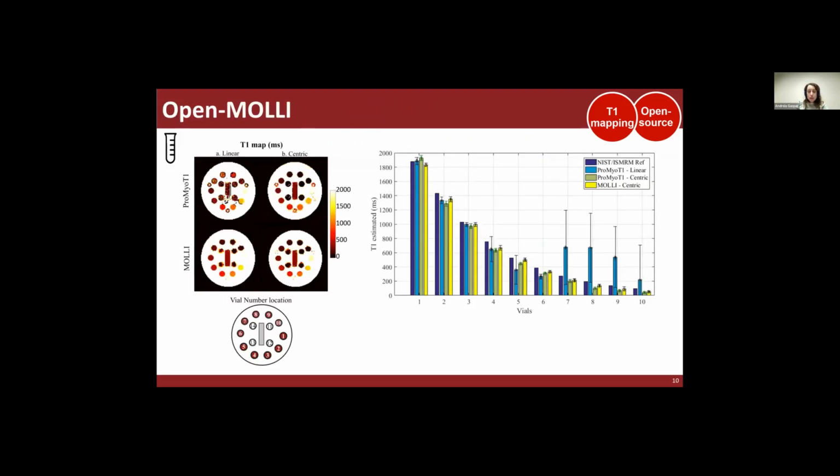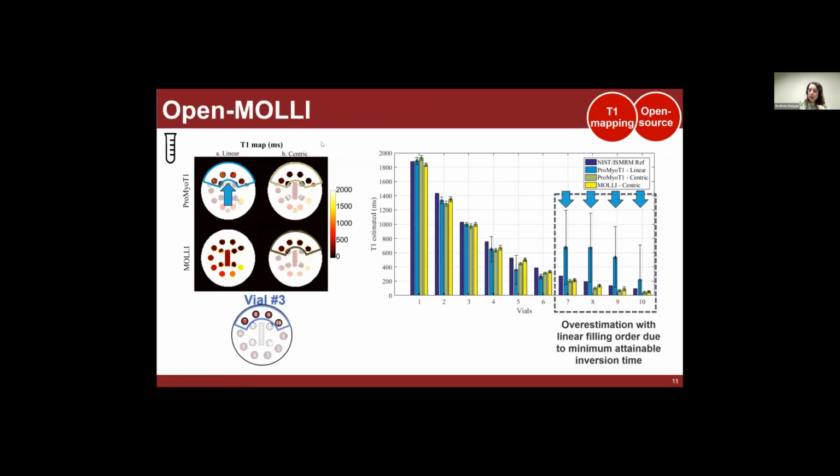Starting with the phantom, what we tested was OpenMOLLI and MOLLI with a linear and centric k-space filling. What we can see here is that for the vials with lower reference T1, the attainable inversion time was a little bit longer for the linear case, because in this case it was fully sampled, so it was not able to completely estimate the T1 values.